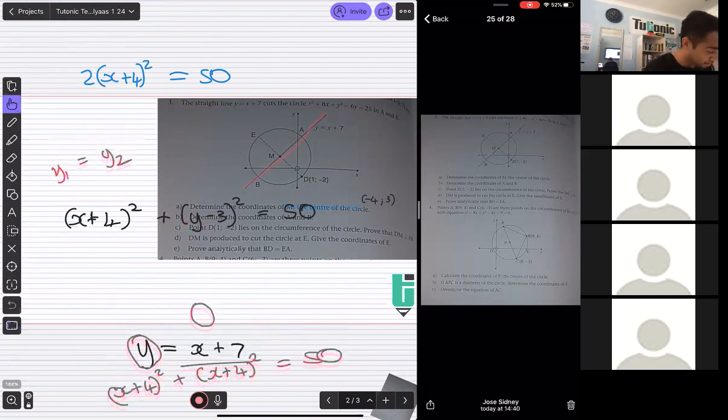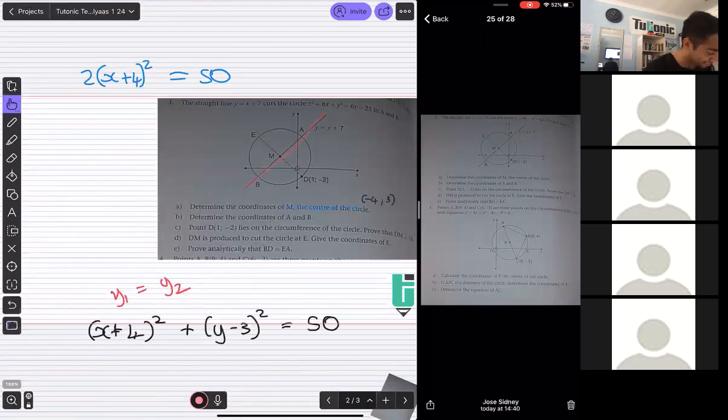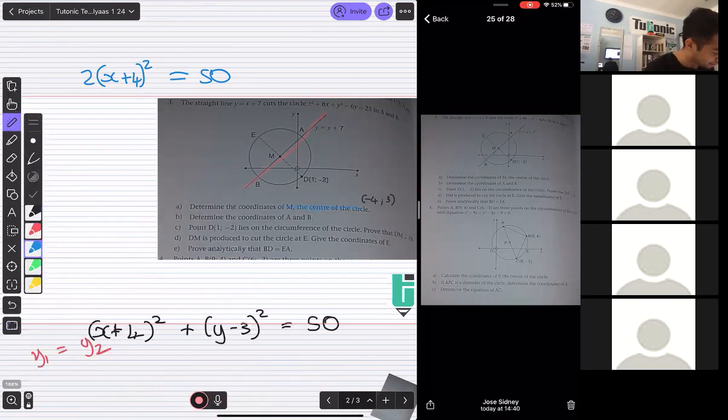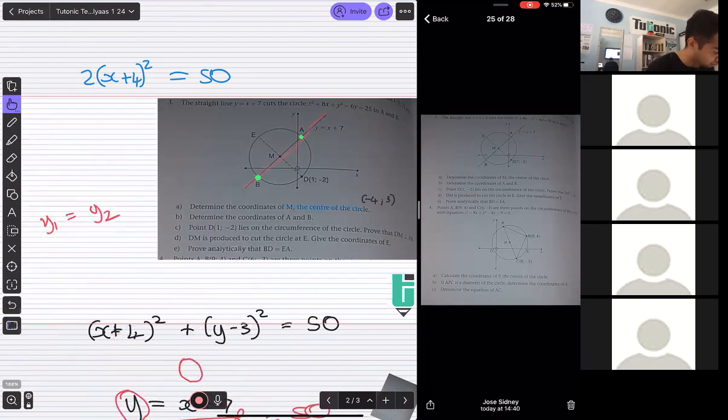So the equation of the circle is this, the black one. They want us to work out A and B, but A and B is just the intersection of the two lines. And we know that at the intersection, and this class is recorded by the way, the y's are the same. The y of the straight line is the same as the y of the circle.